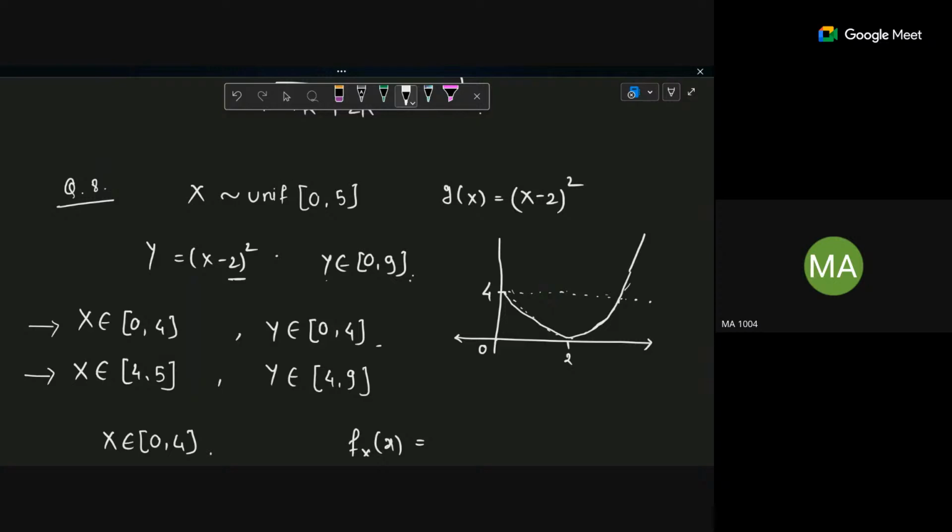Just take x taking values 0 to 5 and y is x minus 2 the whole square, and check what values it will take. Let's take x equal to 0, it will give you minus 2 square. For x is 4, 4 minus 2, 2 square. So 0 to 4 will lie in this range.